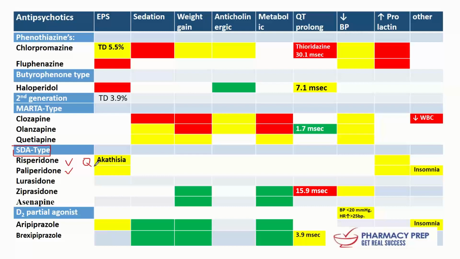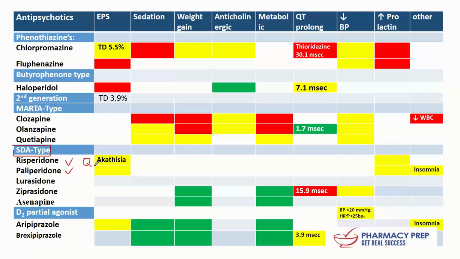It has akathisia. Akathisia is one of the EPS symptoms. Akathisia is like restlessness. A person cannot stay still or always feels like moving, or crawling out of their skin.